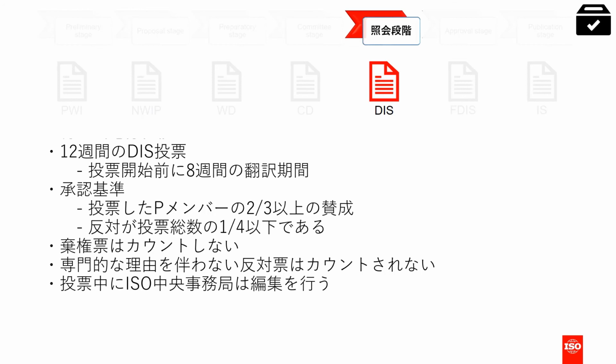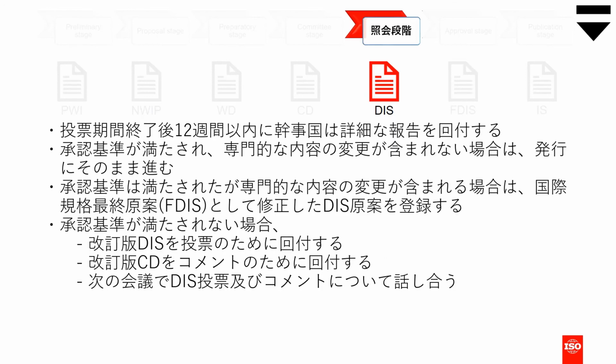ISO Central Secretariat edits the document during the DIS ballot so that it will be in good shape for publication after the ballot, and so that any serious concerns can be picked up before the final stages. After the ballot closes, the Secretariat has a limit of 12 weeks to circulate the report of voting.